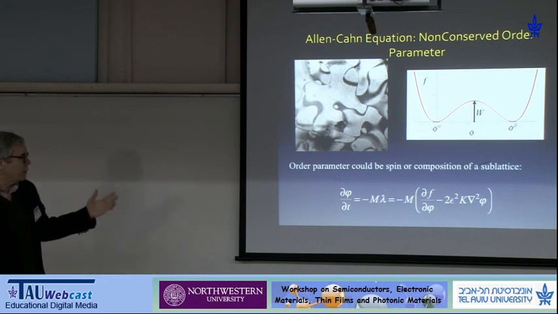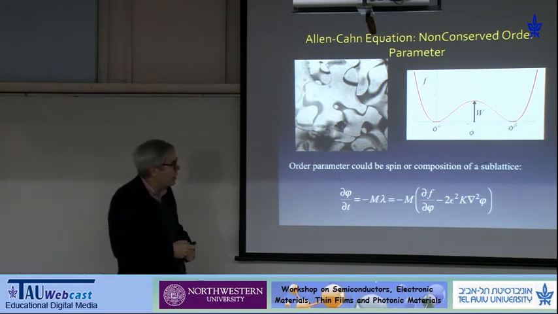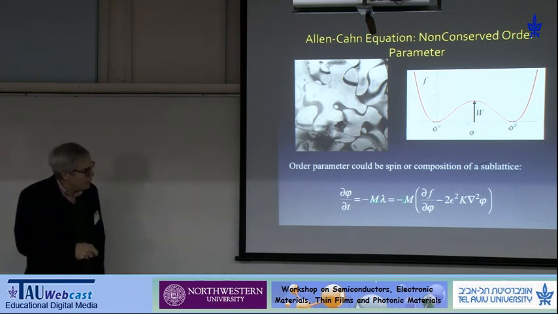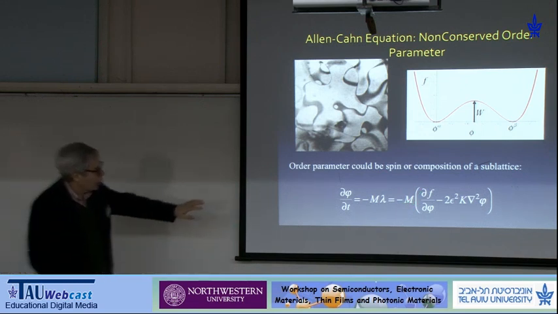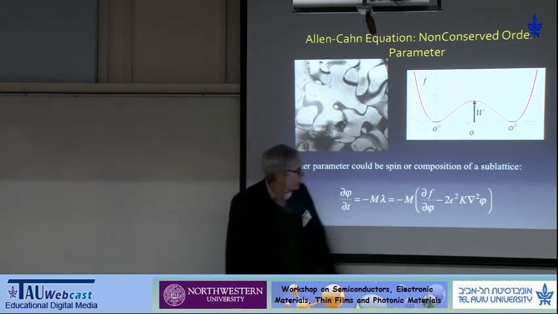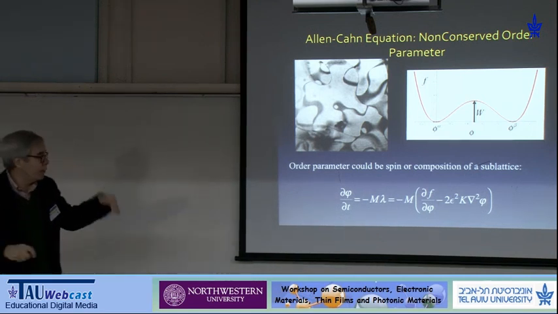You go through exactly the same variational derivative to determine the equilibrium state of the system, but since it's non-conserved, instead of a Laplacian sitting after m, there's nothing. Basically what this says is that the order parameter just moves depending upon gradients in the bulk free energy. So there's no long-range diffusion.